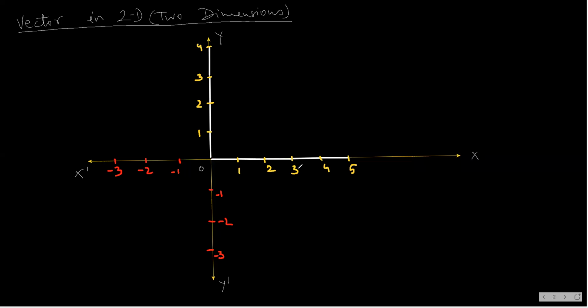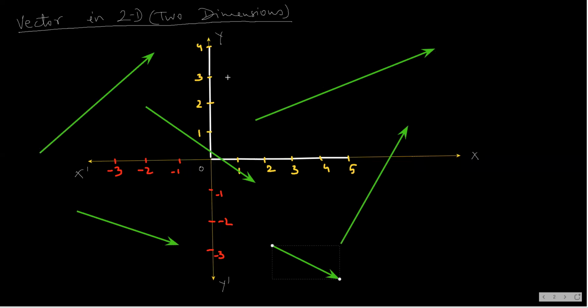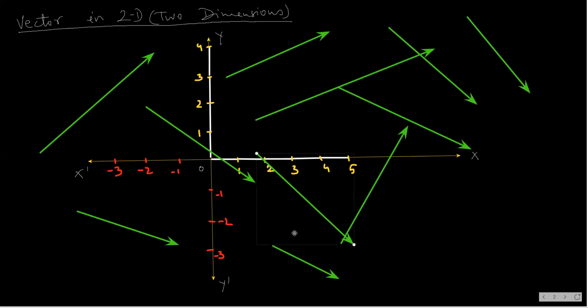Now think, we are learning vectors in two dimensions. That is, see, we are going to now have vectors like this. See, this is a vector in two dimensions. That is, it is in xy plane, a vector in two dimension. See, these all vectors are in two dimension. So we are going to learn such vectors.